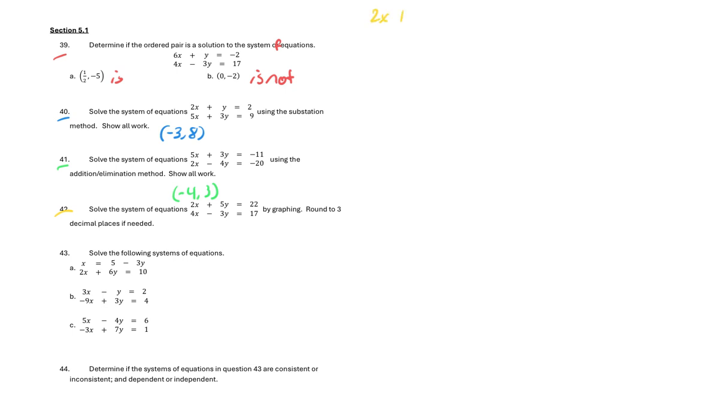So we have this 2x plus 5y is equal to 22. We'll have 5y once we subtract 2x from both sides, and then we'll divide both sides by 5. So we'll get 22/5 minus 2/5 x. So that's one equation that we'll put into our calculator.